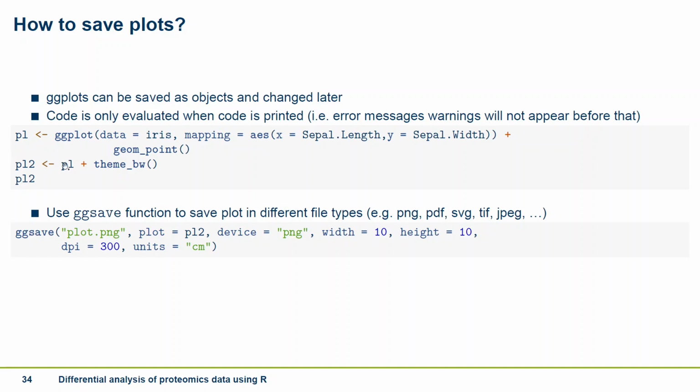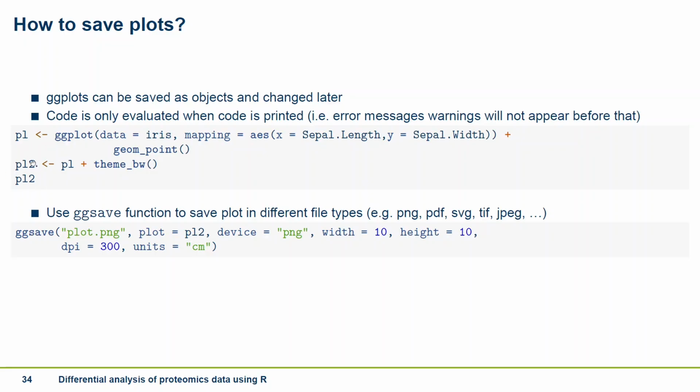You can just write PL plus the theme and save it in the next object, PL2. And you have to keep in mind that the code is not evaluated at this point. So it's only evaluated when you call it here with PL2. Then the plot is plotted, and also errors that might occur will become present at this point.